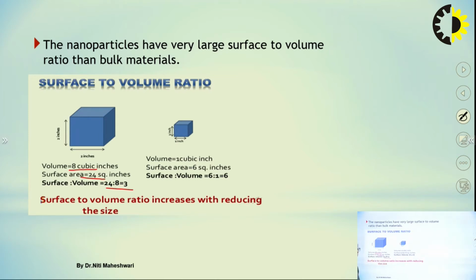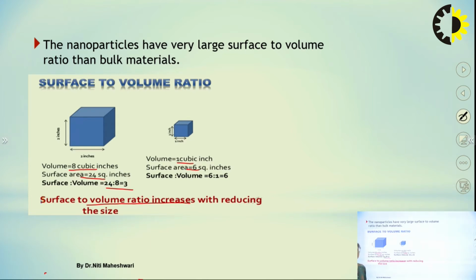But when we break it down into exactly half, the volume is 1 cubic inch, but the surface area is 6 square inches. And the surface to volume ratio is of the order of 6:1, that is 6. So, the surface to volume ratio increases by reducing the size.